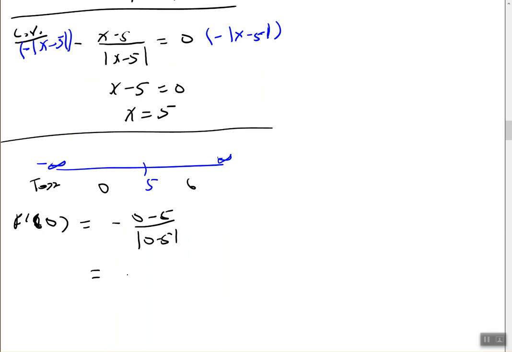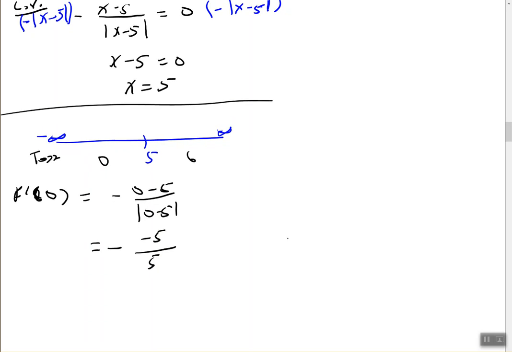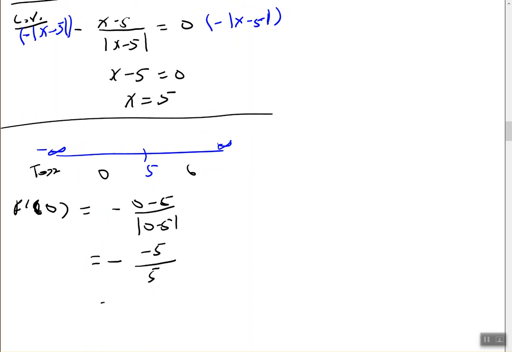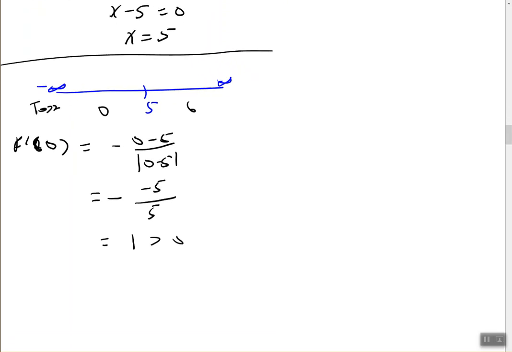So we have negative, negative 5, and the absolute value of negative 5 is 5. So that gives us 5 over 5, or 1, which is greater than 0. Therefore, it's increasing from negative infinity to 5.